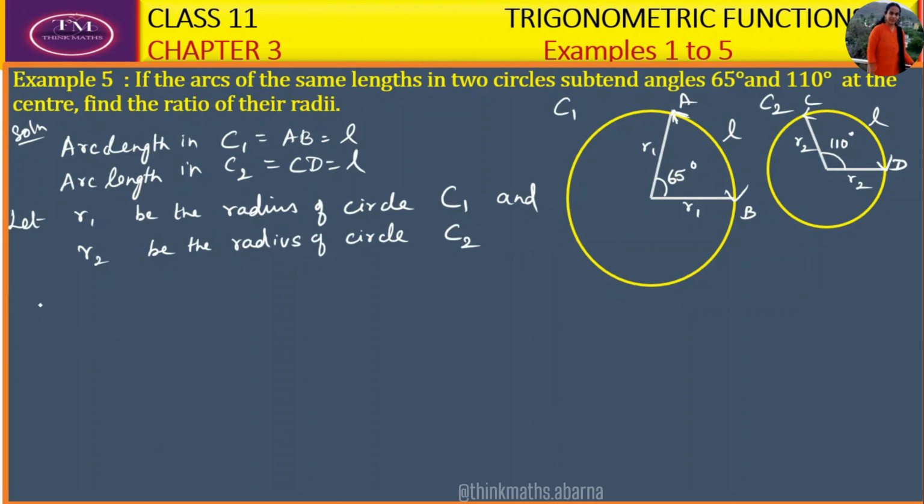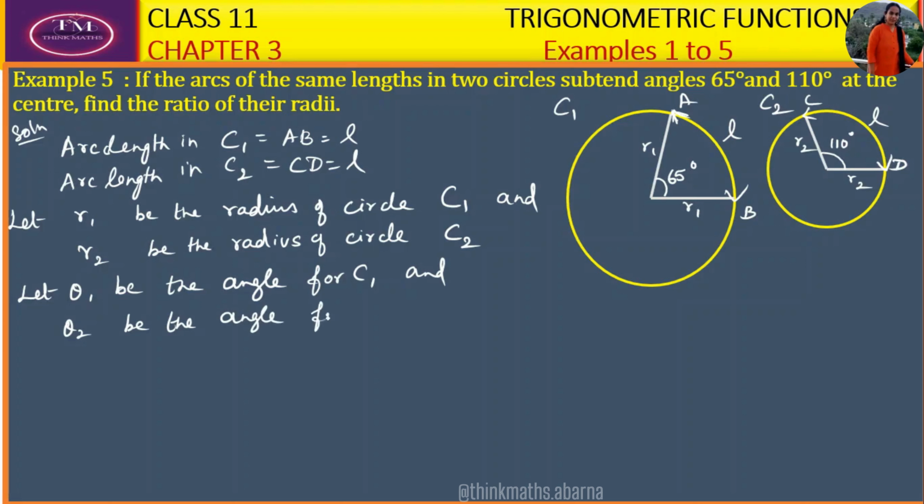What we have is the formula, L, the length is same. L is equal to R1 theta1. Let theta1 be the angle for circle C1 and theta2 be the angle for C2.